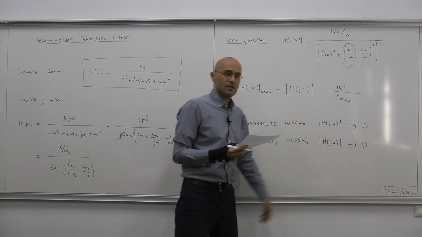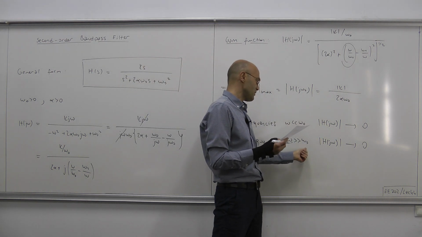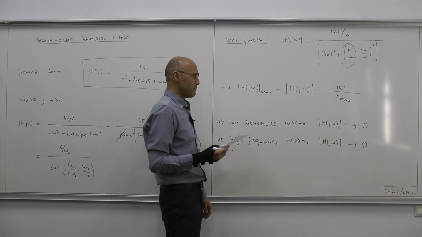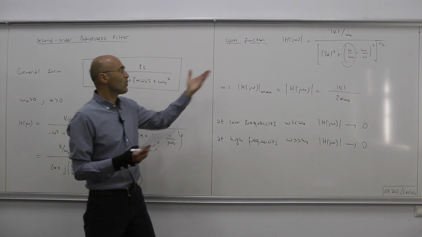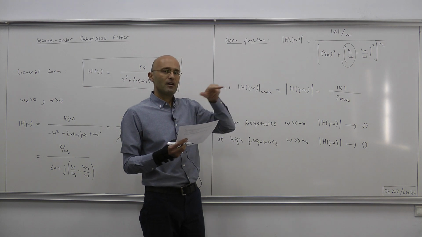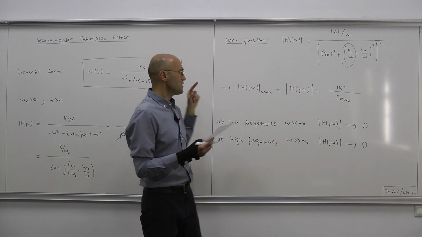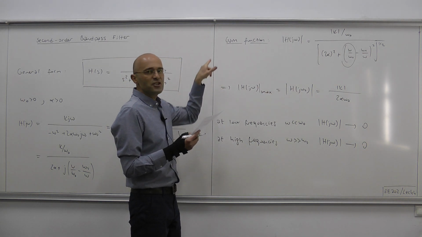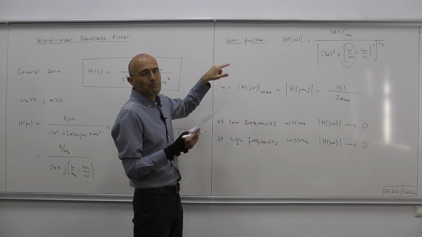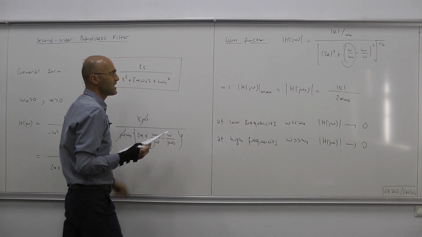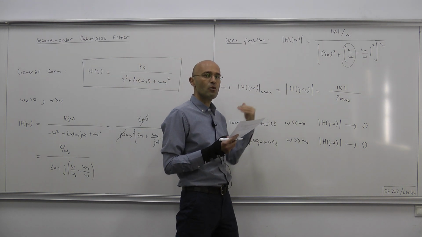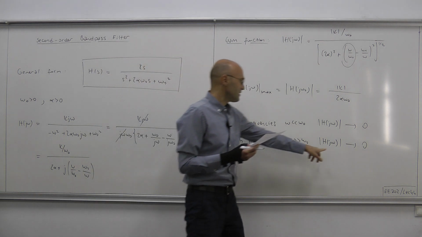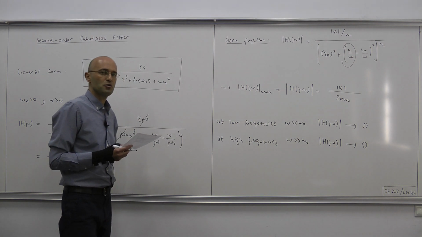And to the right of omega 0, the gain eventually becomes very small too. So the overall gain function will have a bump-like shape. It starts around 0 at low frequencies, then somewhere in the middle, around omega 0, it achieves some significant gain, and as you further increase the frequency, it starts decreasing and eventually tends to 0 as omega goes to infinity.